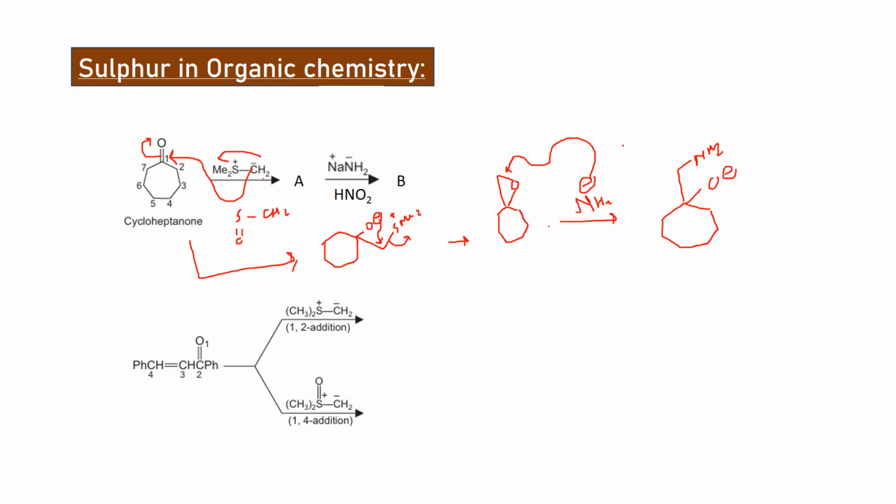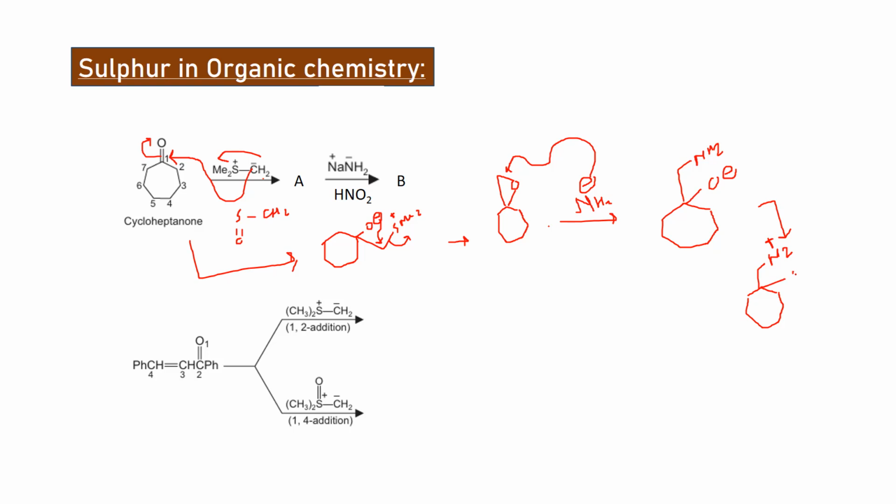Now in presence of HNO2, this amine will be transformed to a diazonium. It's very old chemistry, I think everyone is aware of that. If we add HNO2 to NH2, it will transform to a diazonium salt.